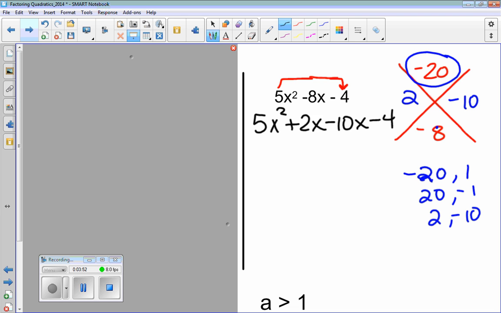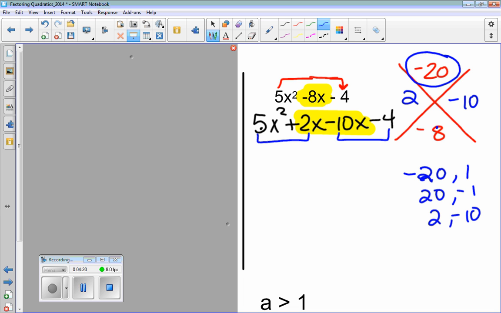Once I've rewritten, now remember what I did. The 5x squared stays the same. The -4 stays the same. All I'm doing is taking this number and rewriting it like this, because 5 times -4. Now I'm going to group. First and second, third and fourth.